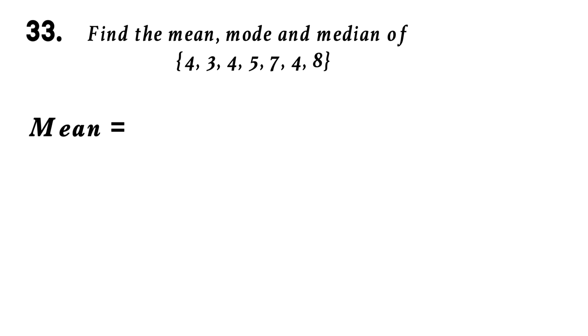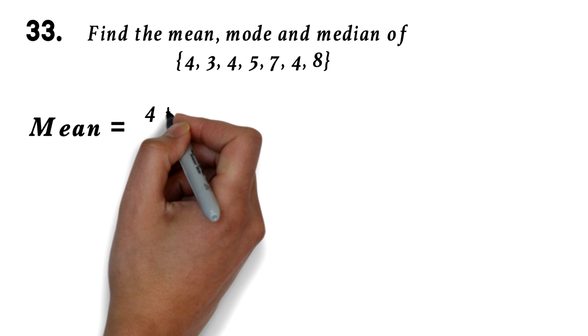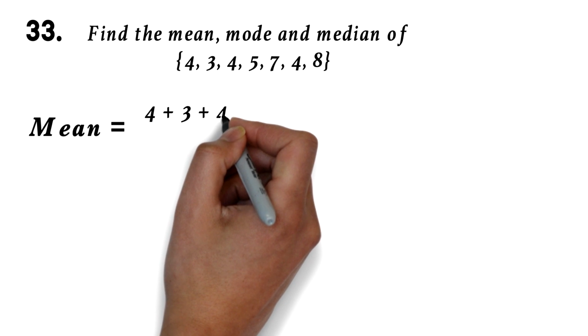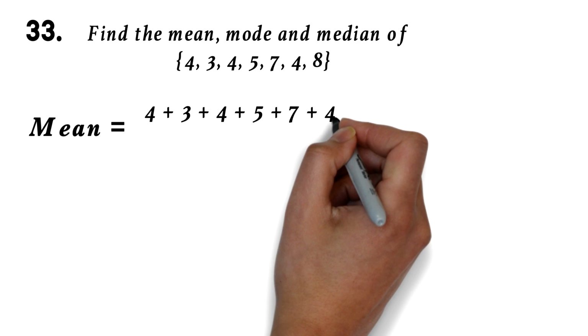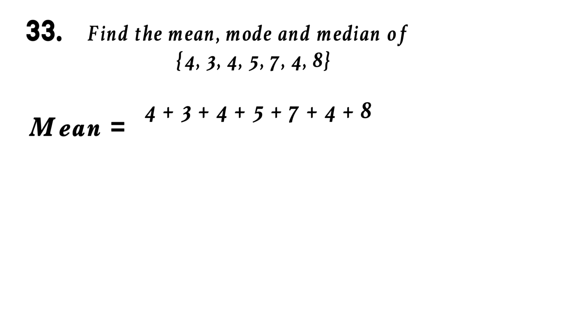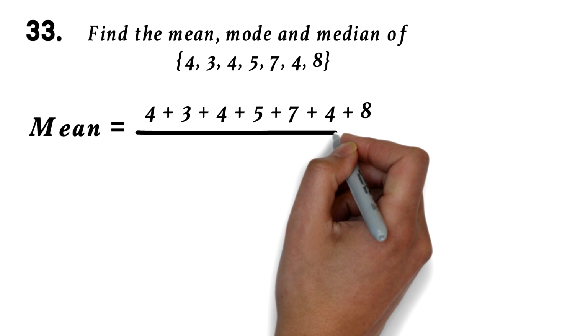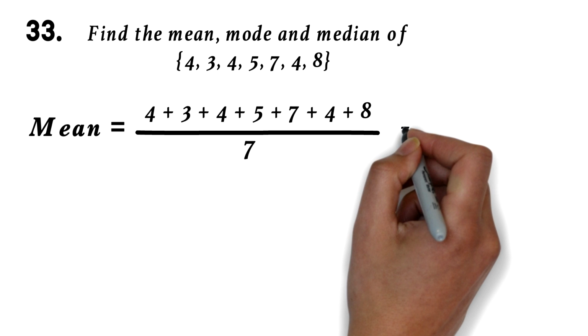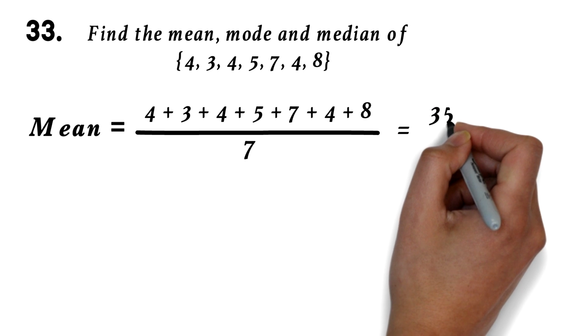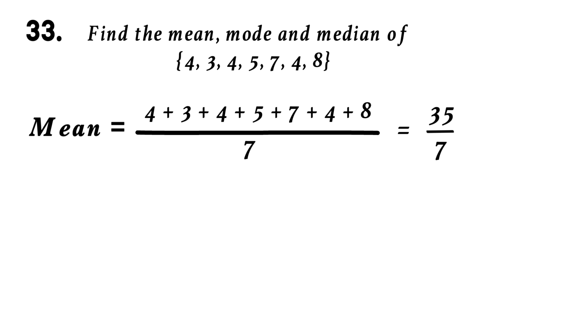So we will have 4 plus 3 plus 4 plus 5 plus 7 plus 4 plus 8 divided by the number of values, which is 7 here. Adding this, we will have 35 over 7. 35 divided by 7 is 5. Therefore, the mean is 5.